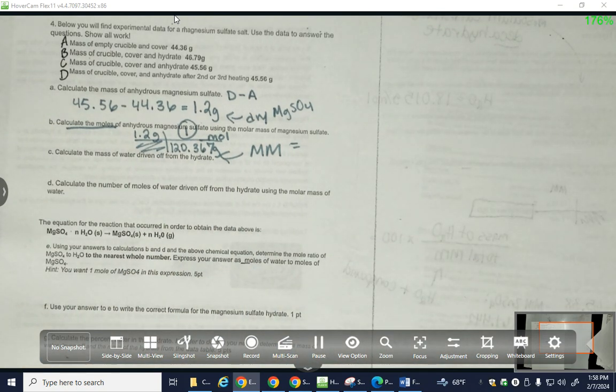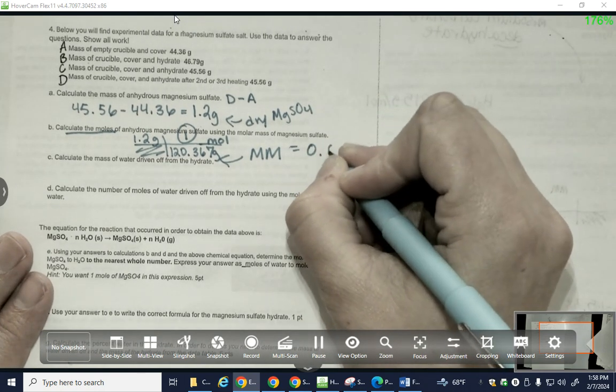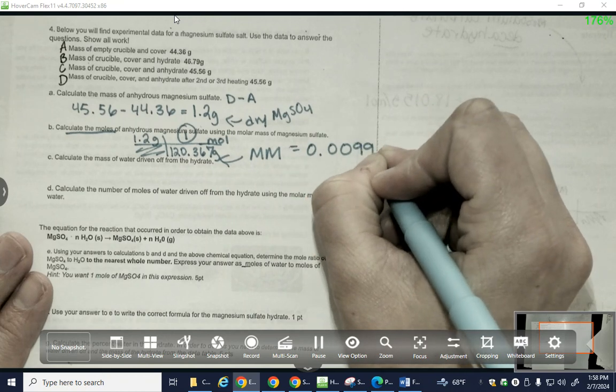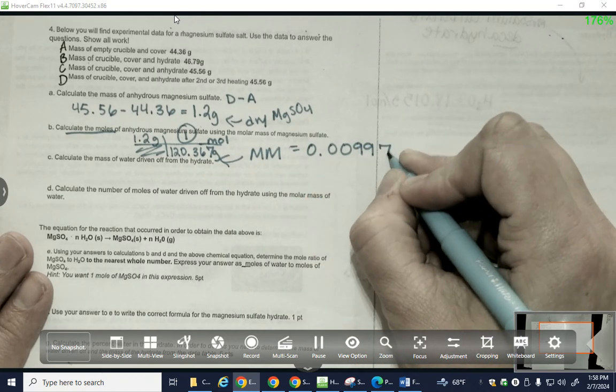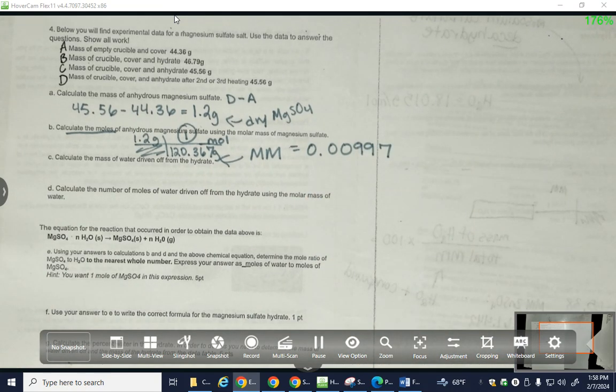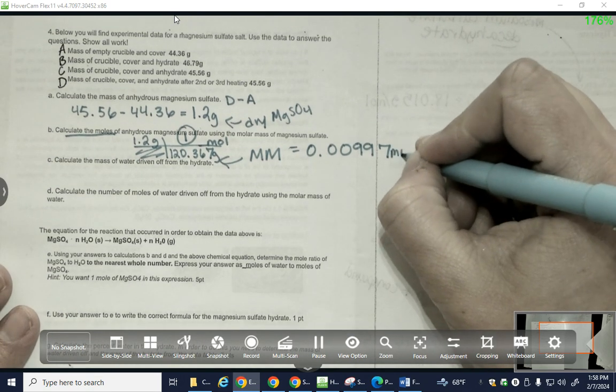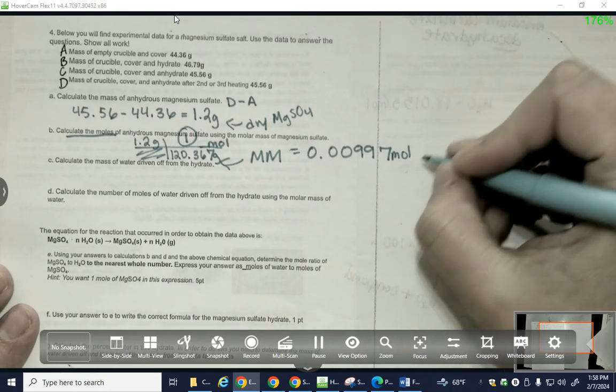So I got the answer 0.0099, and I'll round up to 7. Okay. And yes, I would write that many decimal places. Does it look pretty? No, but you're fine. Just write it for now. Okay. All right. So we have that many moles of magnesium sulfate.